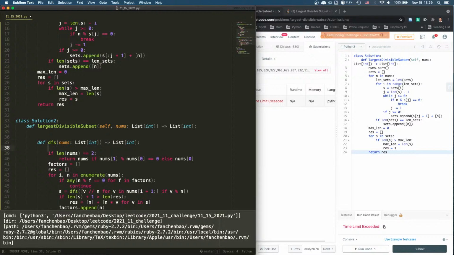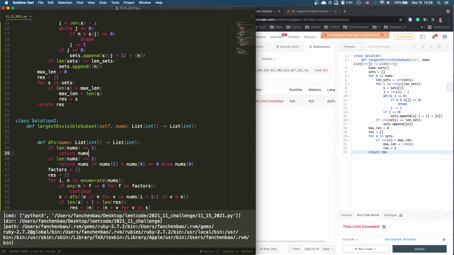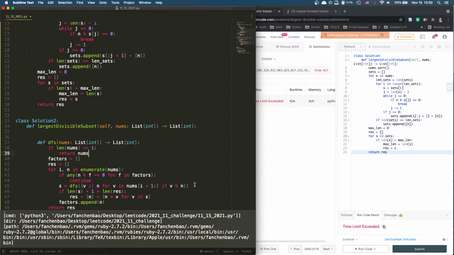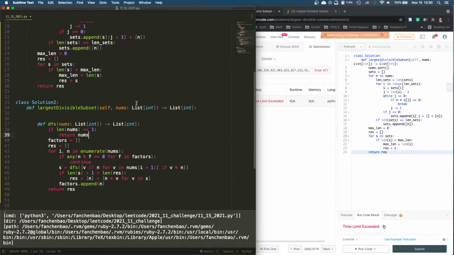If len(nums) equals 1, then just return nums. Well, if len(nums) is smaller or equal to 1, because I do this, that could be an empty set. Yeah, I don't need this. So if len(nums) is smaller or equal to 1, then I just return it by itself. Okay, that's DFS.